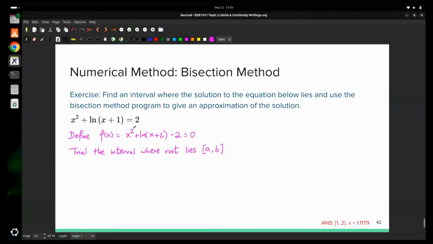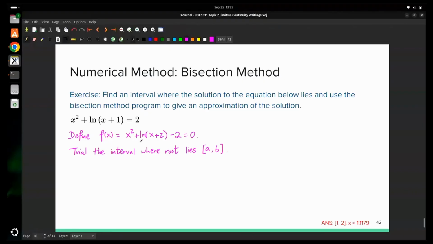The dominant term is x squared, so as x is big, this dominant term will make f approach positive infinity. So don't trial too big an x value in the first place. Maybe you can trial x equals, for example, 1 or 0.